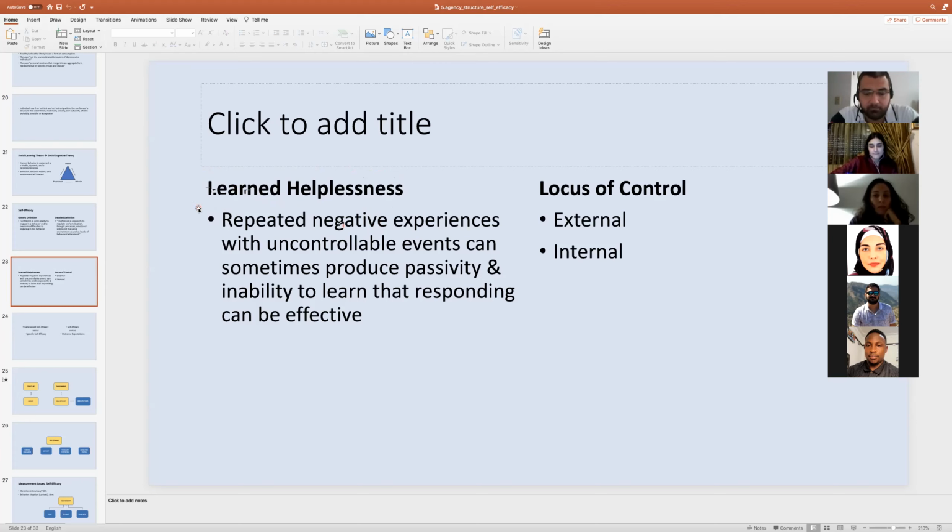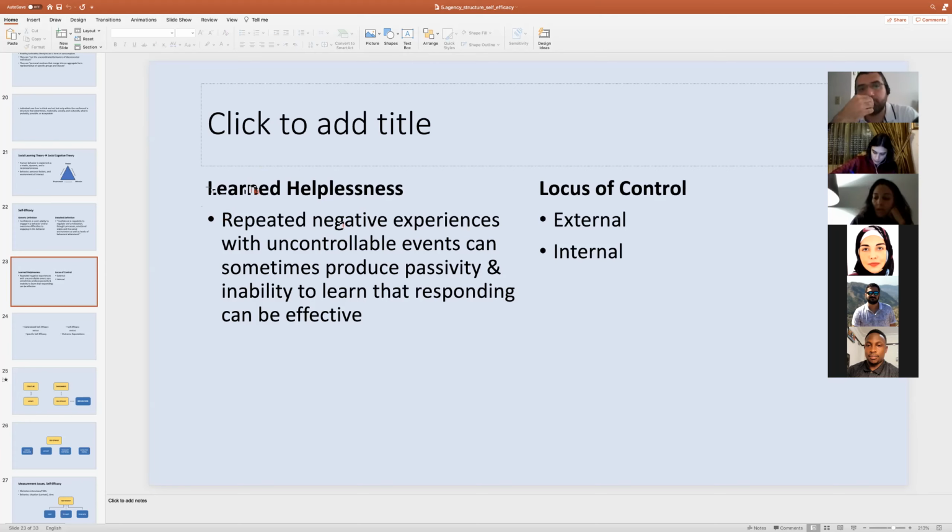The idea is that you want people to become more and more self-efficacious as individuals in order for them to be able to engage in behavioral change. However, there's something that can happen and that can counter any efforts to improve self-efficacy, and that's called learned helplessness.